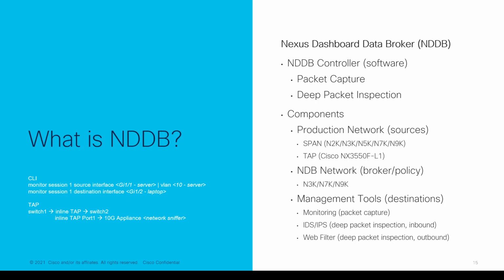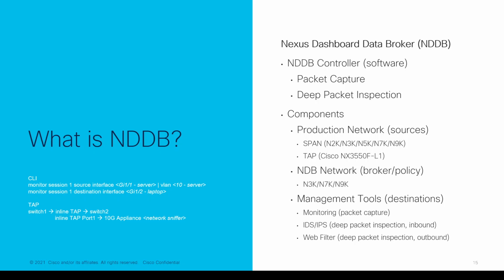a laptop. When you think about that configuration, it doesn't really scale well to manually visit each switch to set up a span session. Now, all of that work is done for you by Nexus Dashboard Data Broker Controller software.